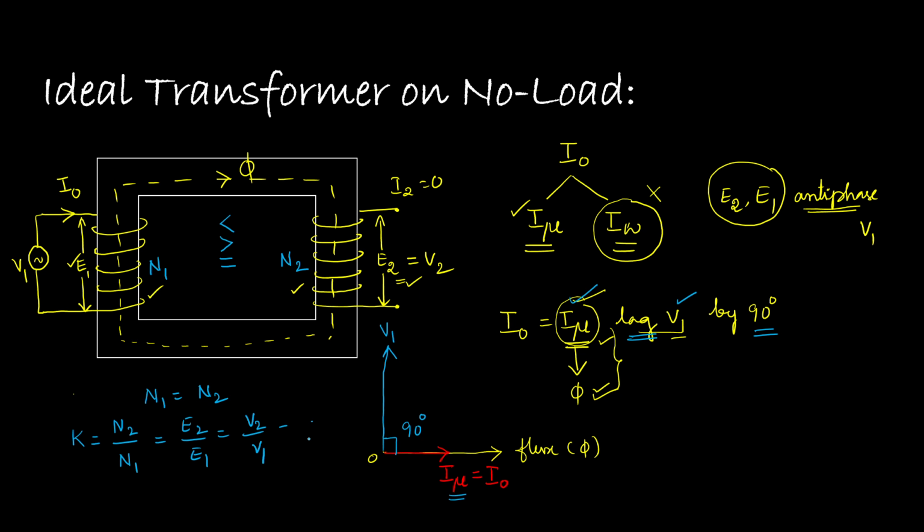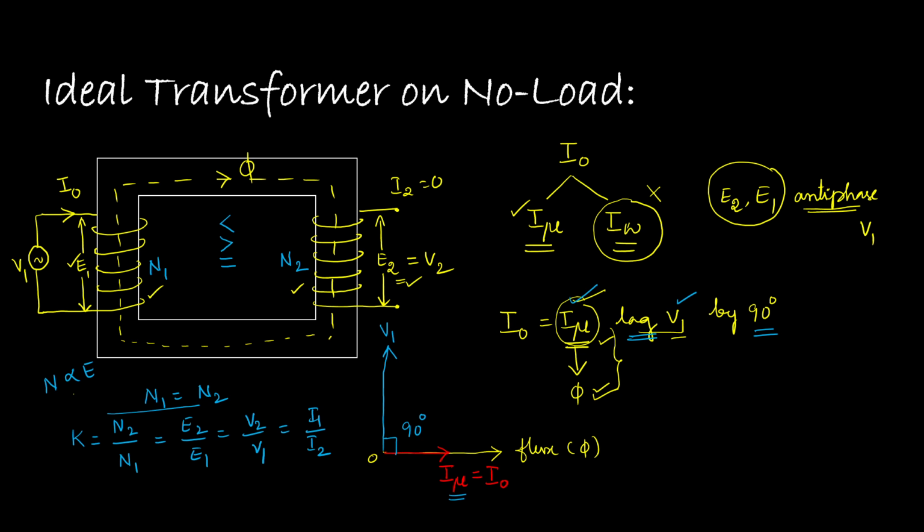As we all know, the transformation ratio K is defined as K equal to N2 by N1, which is equal to E2 by E1, which is equal to V2 by V1, which is equal to I1 by I2. So let us pick up this condition only.